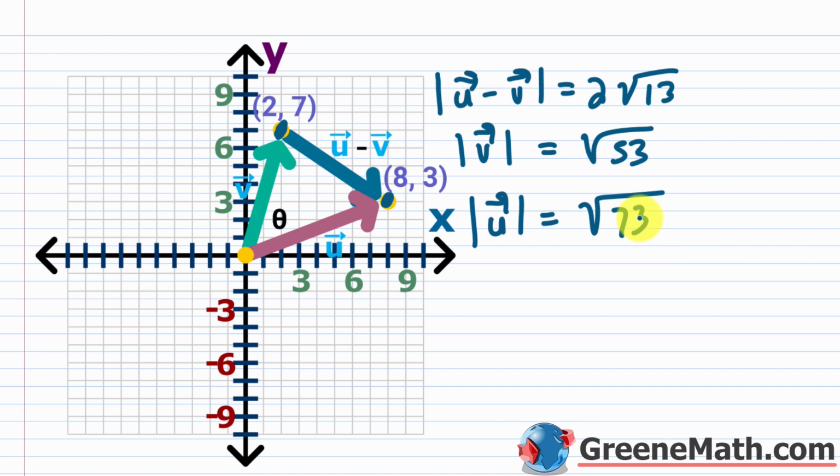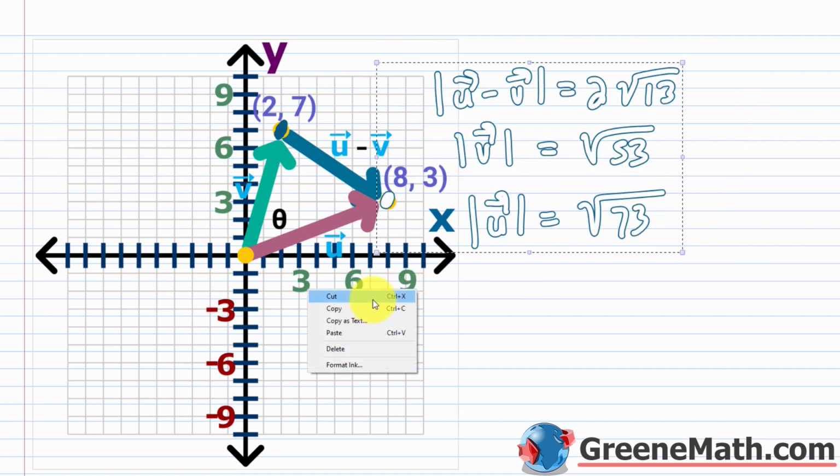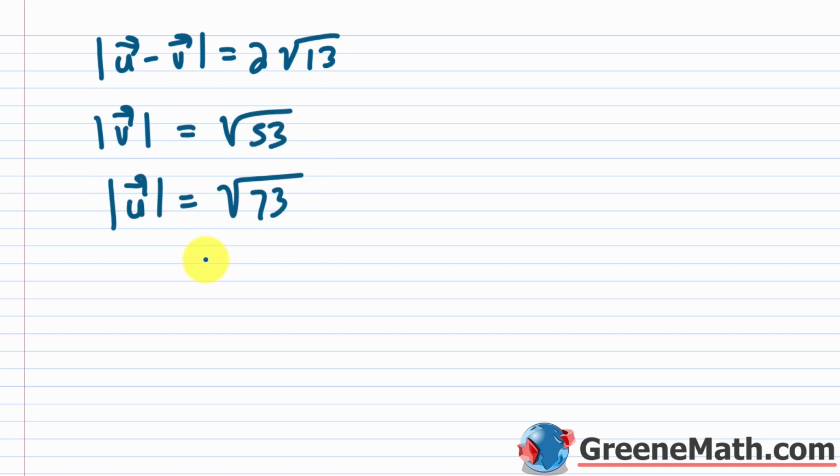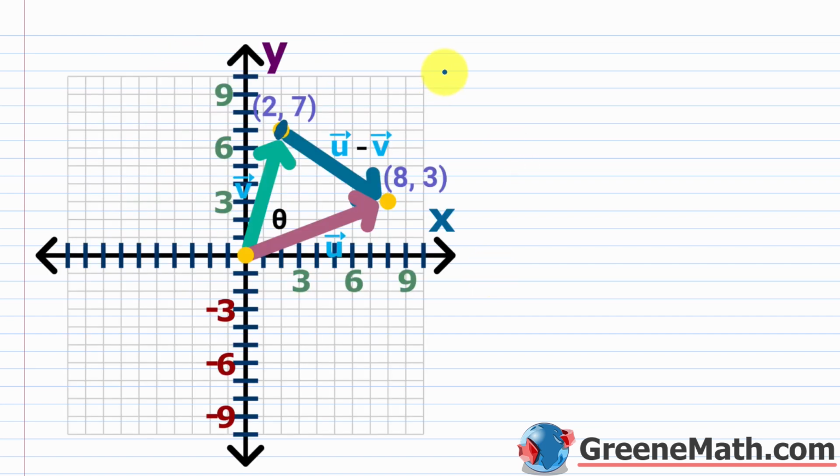Now that we have this, let's go through and use the law of cosines. I'm just going to grab this real quick and paste it right here because we're going to need it in a moment. Let me drag this over so it's a little more in line. We're going to come back up here. So let's start out by taking the magnitude of this vector u minus this vector v, squared.